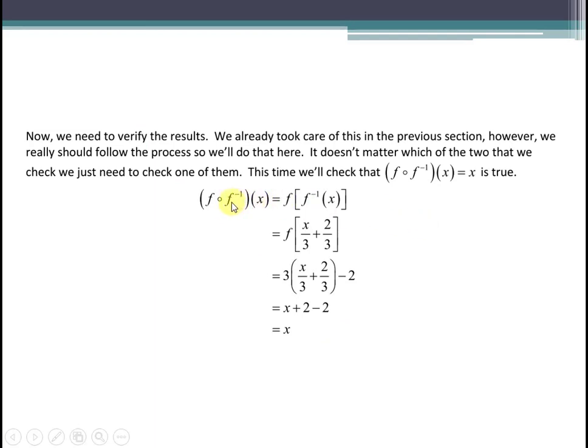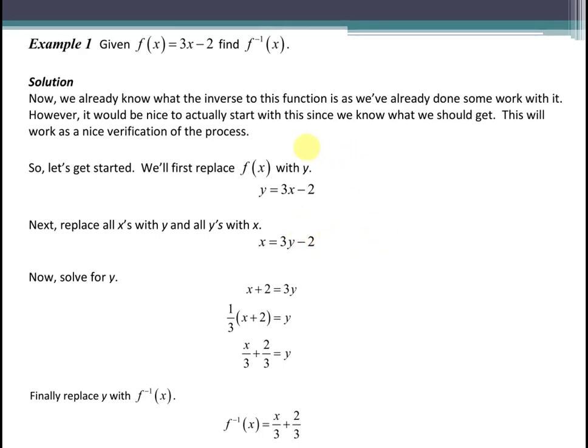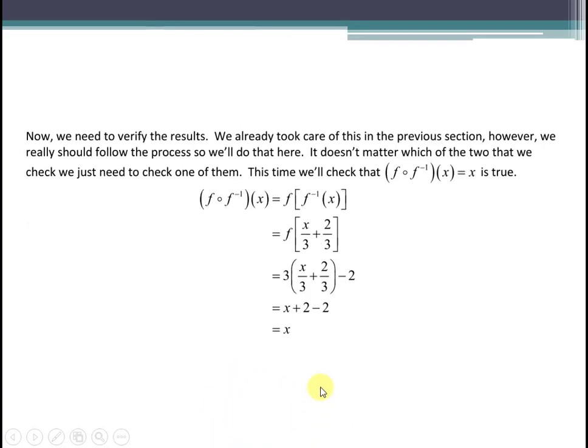So f of f minus 1 of x is equal to f of x plus 3 plus 2 over 3. Here, instead of x, we can put our inverse function. And we get the answer x. So it means this is exactly the inverse function of our function. We verified our result.